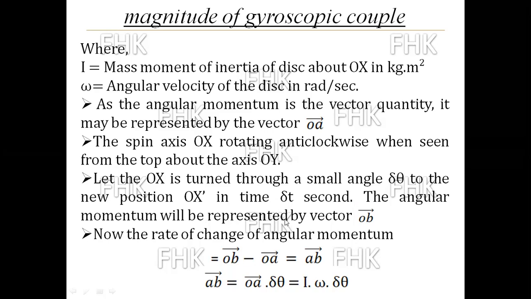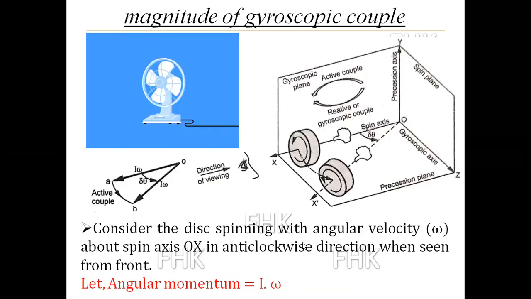The angular momentum for the new position OX dash is represented by vector OB. Now, how do we find the direction of this vector from O to A? By the right hand thumb rule. The curling fingers show the direction of rotation of the rotor, which is anticlockwise when seen from this direction.